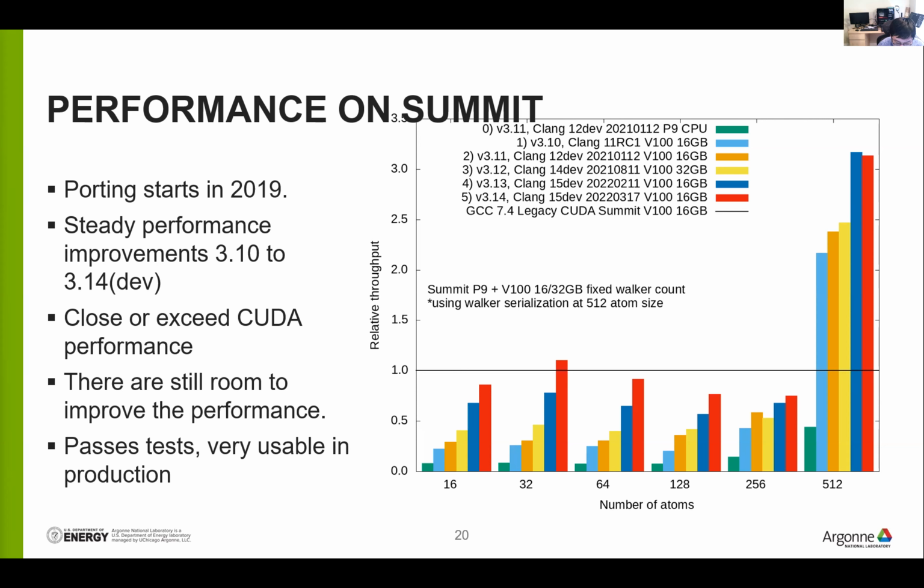And now the OpenMP code has a performance close to the legacy CUDA implementation. So we achieved the performance goal. For the largest problem size, we adopt some algorithm changes, and you see that the new code clearly wins. And it works very well across problem sizes.